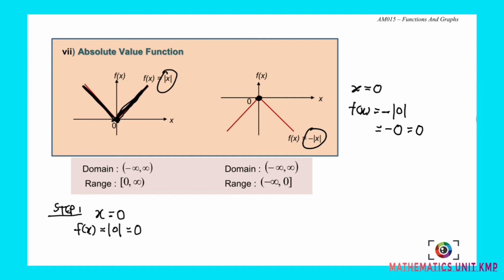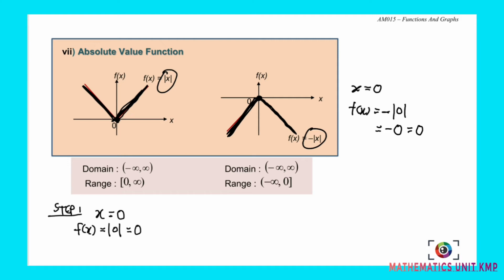But the difference is at step 2, when we sketch the graph, since there is a negative sign outside the modulus, we need to sketch downwards like here, but still the same shape, which is V.